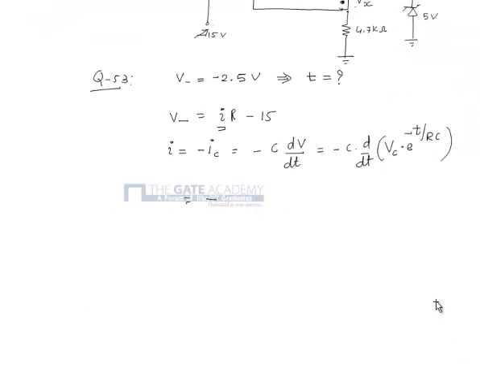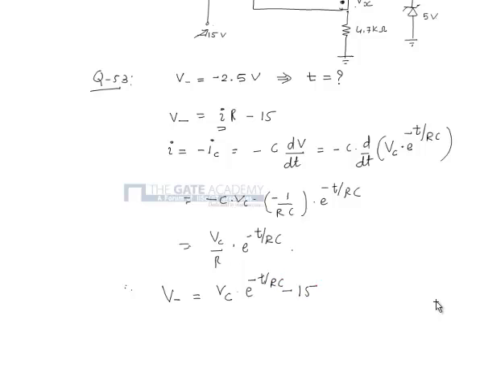So it is minus C VC minus 1 by RC e raised to minus t by RC. So it is VC by R e raised to minus t by RC. That means V negative is VC into e raised to minus t by RC minus 15.